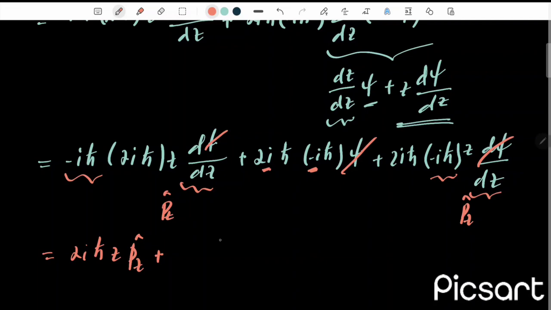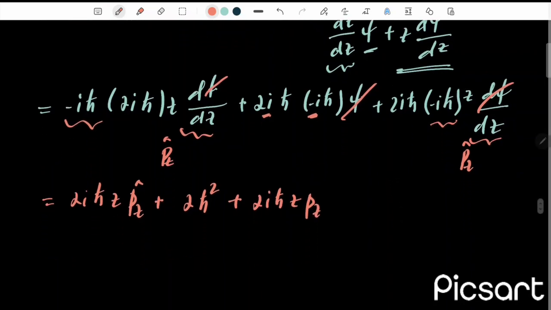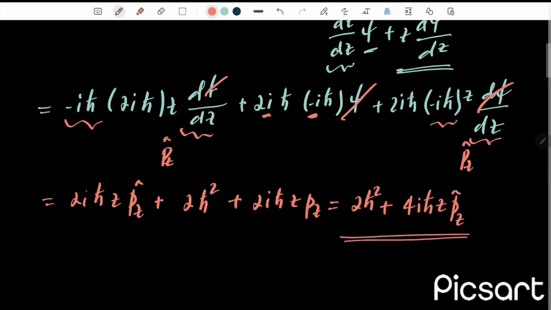Sorry. And we have 2 times ħ squared plus again 2iħ z pz, and as the solution we get 2 times 2 times ħ squared plus 4iħ z pz, and this is our solution for this case.